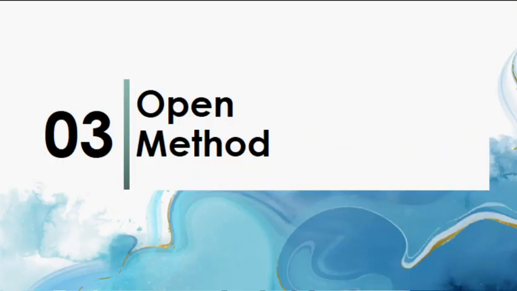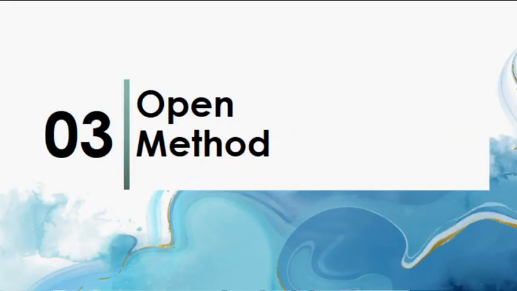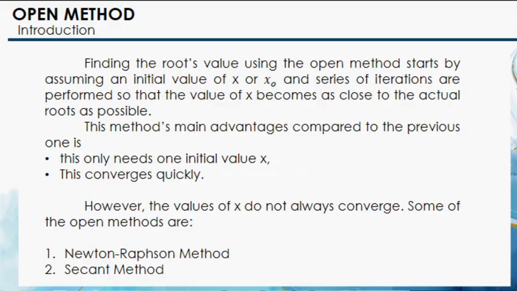So, dito naman na tayo sa introduction dun sa open method. Sabi dito, finding the roots value using the open method starts by assuming an initial value of x or x sub 0.